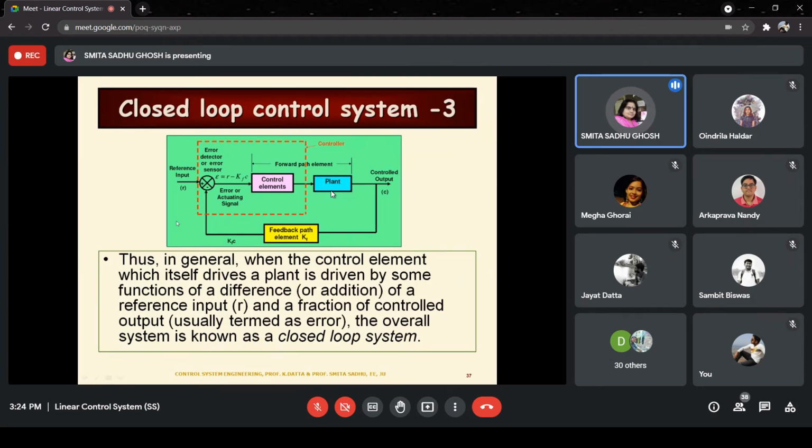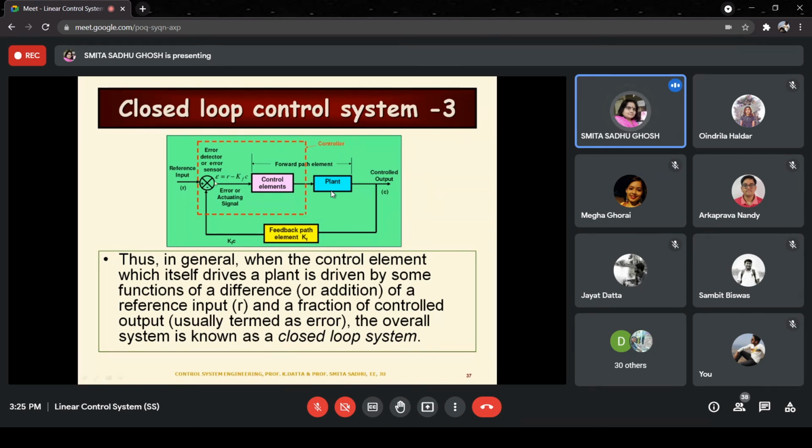So what we have stated over here is that when we have this particular arrangement, meaning that there is an error detector, and that error detector takes the difference between the reference signal and some derived form of the controlled output, and compares these two signals, and gives out a corrective signal. In all systems where such an action is what the system depends on, these systems are called closed loop control systems, right?